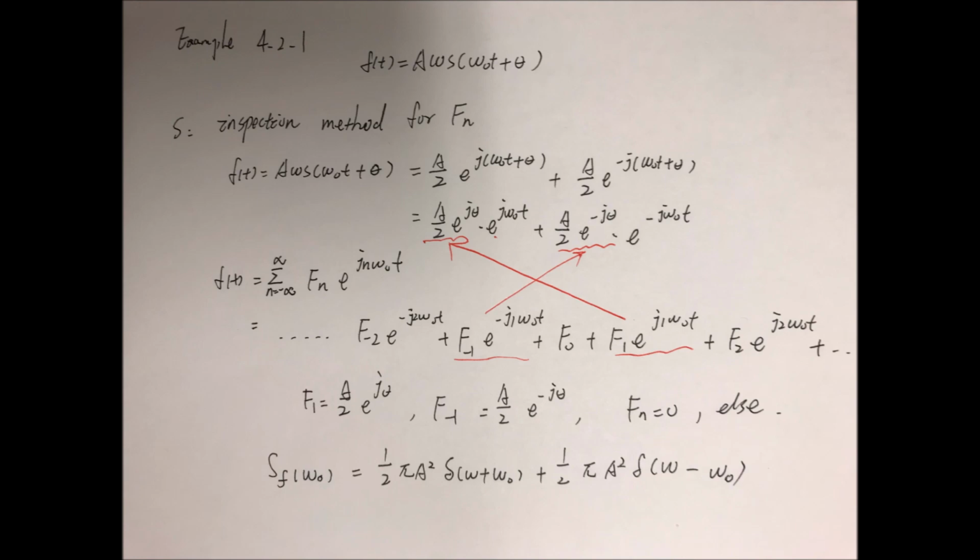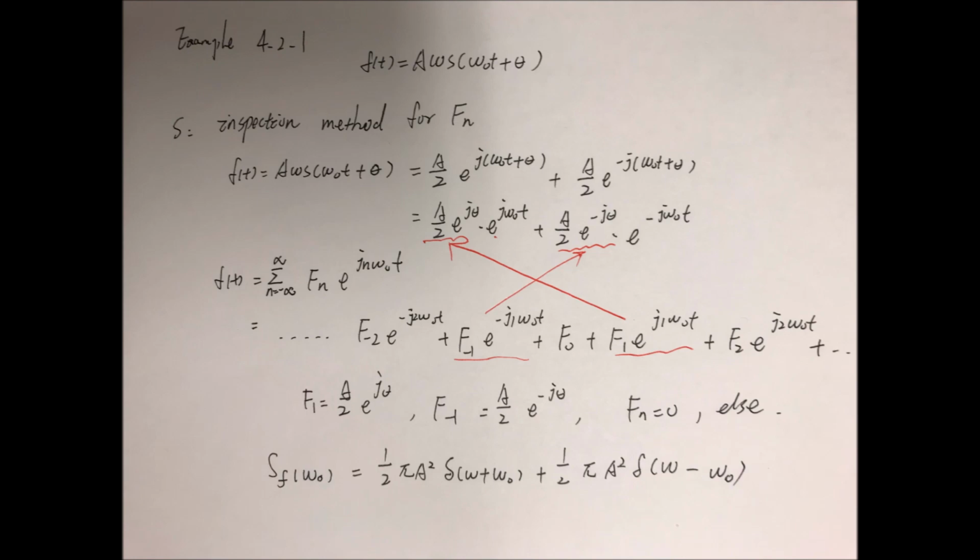So today we talk about the third method for how to find Fn. If the signal can be expanded as a complex exponential combination, we can directly find your Fn by inspection. So if I give you a signal, a sine, cosine, or combination of sine and cosine, you don't have to calculate the integral or use the table of integrals.